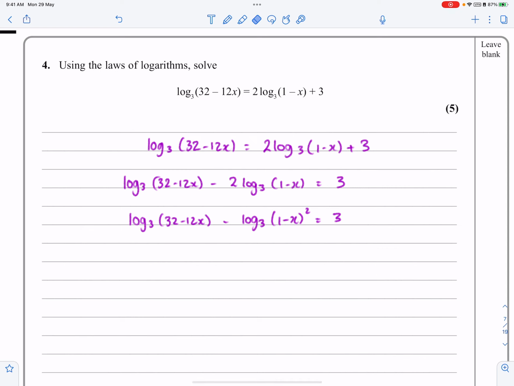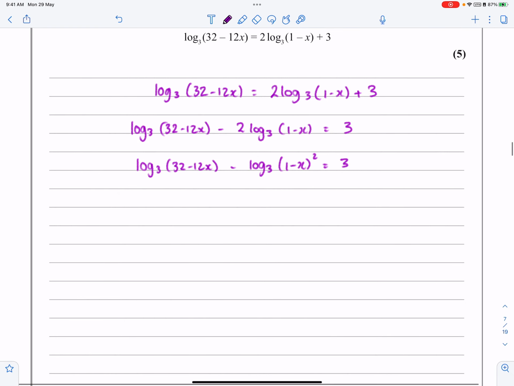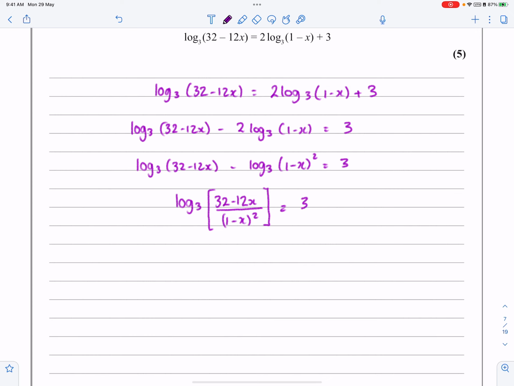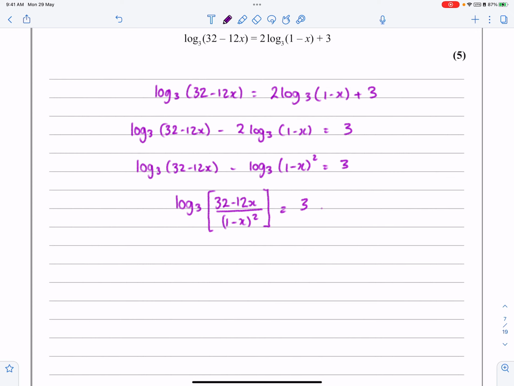All the way through this, my aim is to try and get just a single log statement, and I'm going to get there with this next bit here. So log 3, 32 minus 12x over 1 minus x all squared. I've now taken what I had at the start and turned it into a single log equal to something.